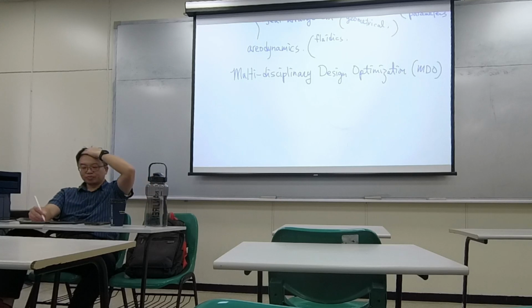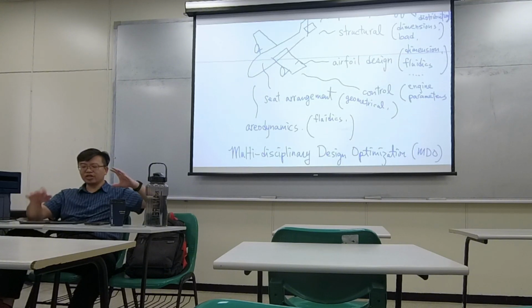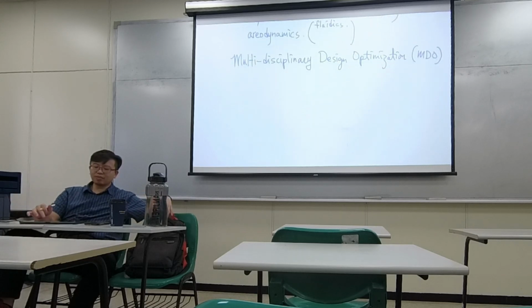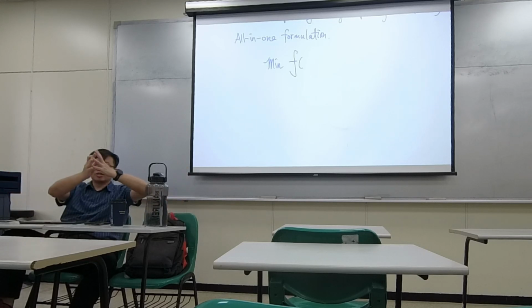Okay. So if you try to solve the overall optimization in once, sometimes they call this an all-in-one formulation. Okay. So what is an all-in-one formulation? They may be doing this. They have a huge objective function, usually multi-objective, but they just combine them together.